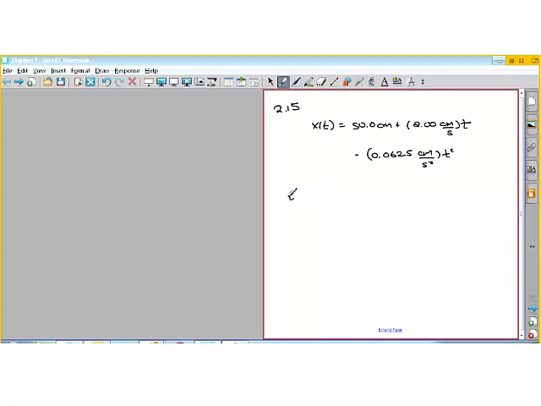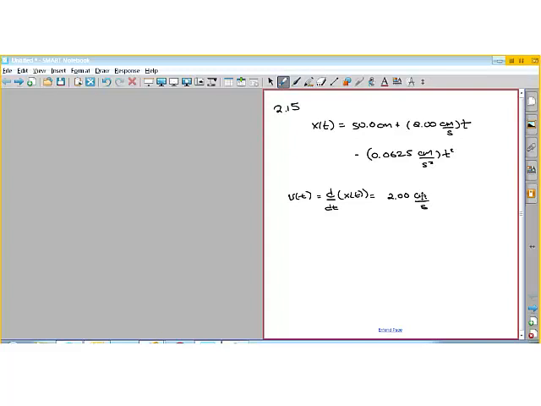So we know the velocity as a function of time is equal to the derivative with respect to time of the displacement. And it's pretty easy because it's a polynomial. The derivative of a constant is 0. The derivative of t is 1, so we get 2 centimeters per second.